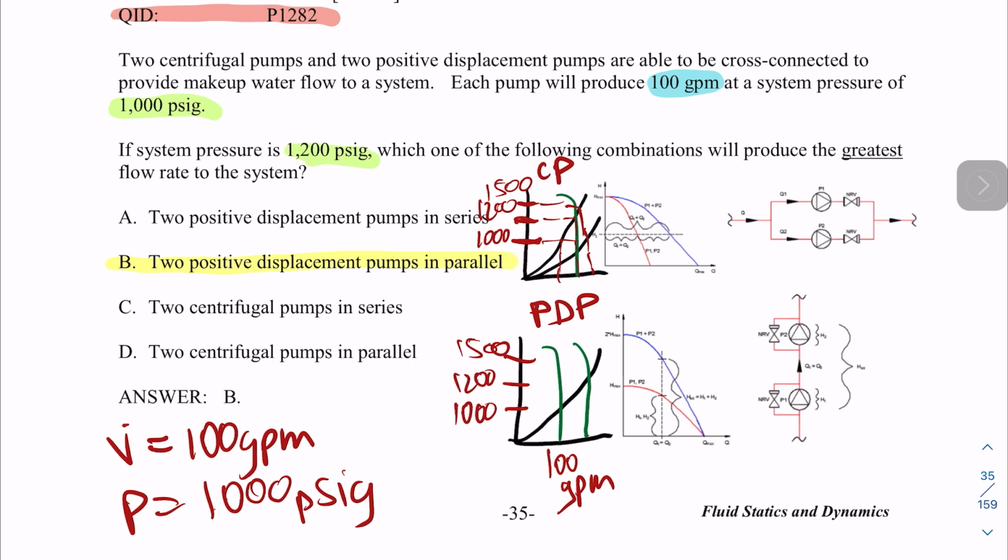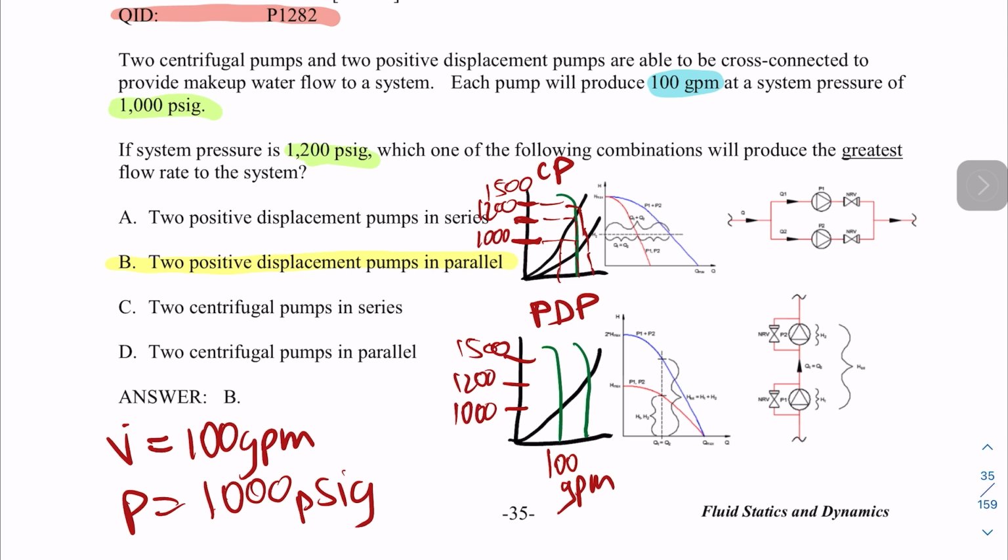Which one? It says, which of the following combinations will produce the greatest flow rate? If we have two positive displacement pumps in series, is that going to produce the greatest flow? So what is going to produce the greatest flow?